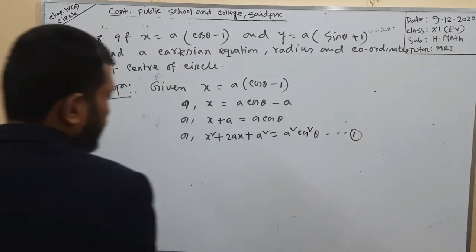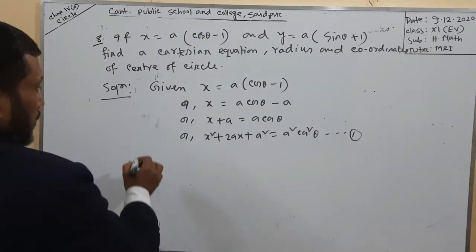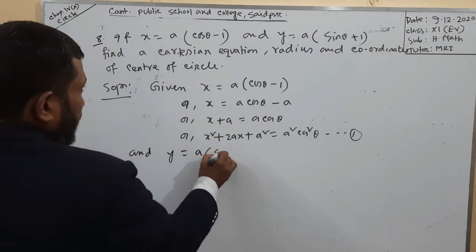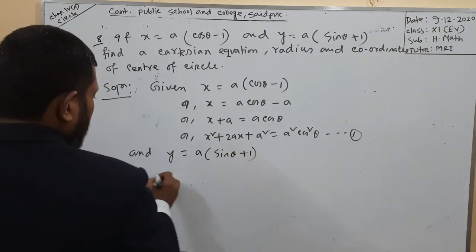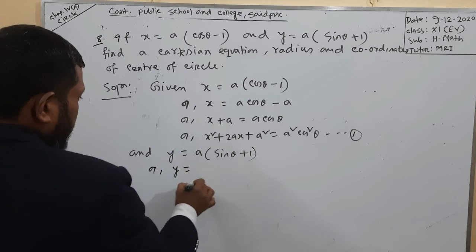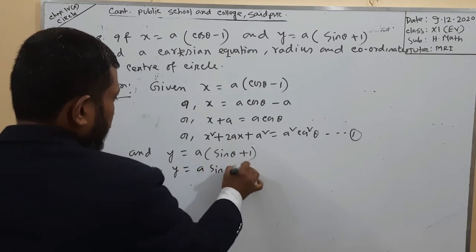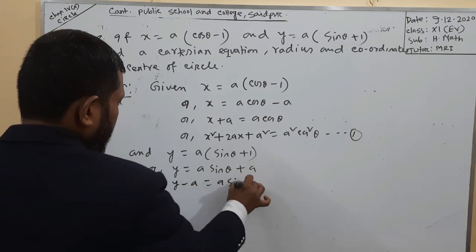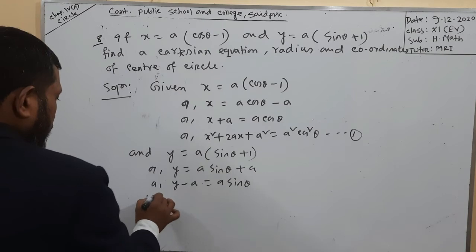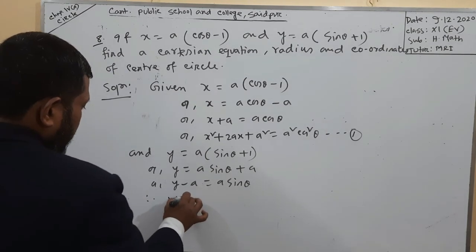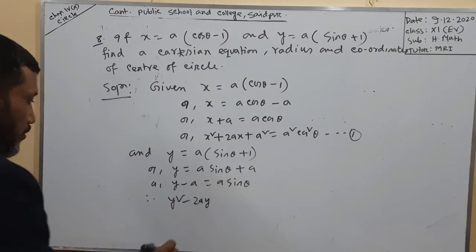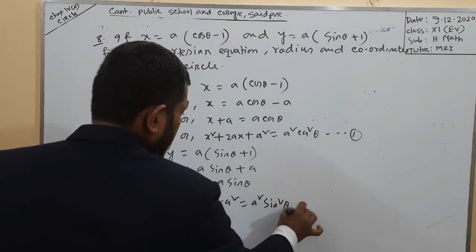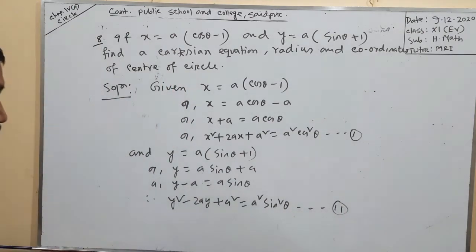Suppose this is equation number 1. And y is equal to a sin theta plus 1, then we get y is equal to a sin theta plus a, or y minus a is equal to a sin theta. Therefore we got y square minus twice ay plus a square is equal to a square sin square theta. So this is equation number 2.